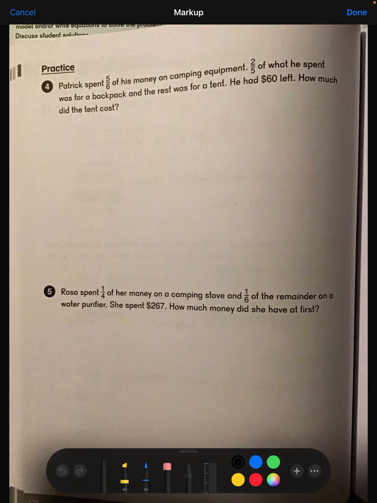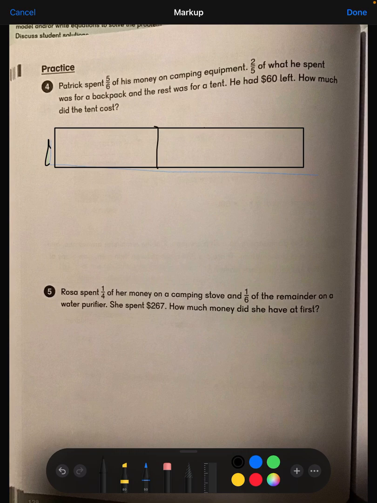So we know how many boxes to draw for our bar model right away because it says at the very beginning that he spent 5/6 of his money. So we're going to go ahead and draw that. There we go.